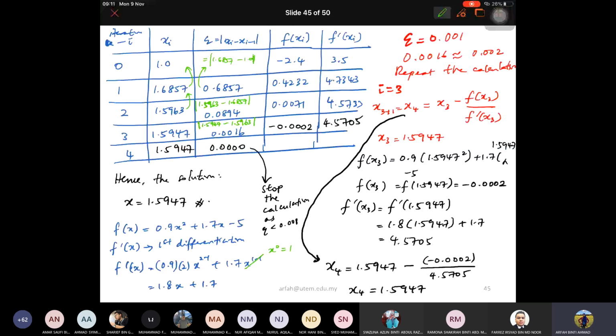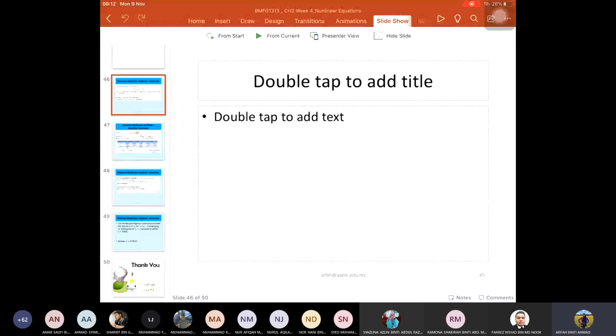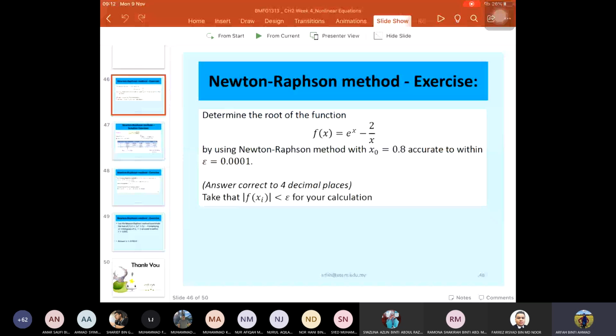So ada exercise yang kedua, determine the root of the function fx sama dengan exponential x tolak 2 per x by using the Newton-Raphson method. Okay. Take the calculation up until 0.001. So kalau tengok dekat soalan ni, this is your fx.